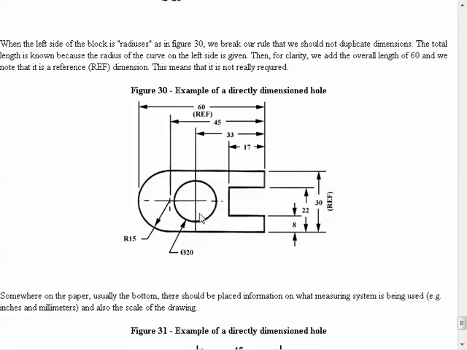When we round off this edge, this dimension of 60 can actually be computed from this dimension of 45 and this radius of 15, which makes this dimension of 60 redundant. If we typed a 61 right here, it would become inconsistent with the 45 plus the 15.